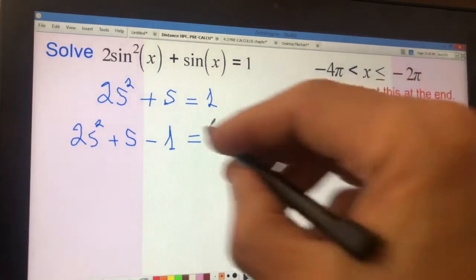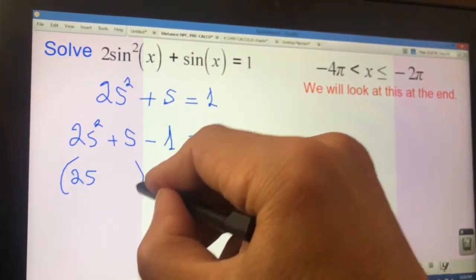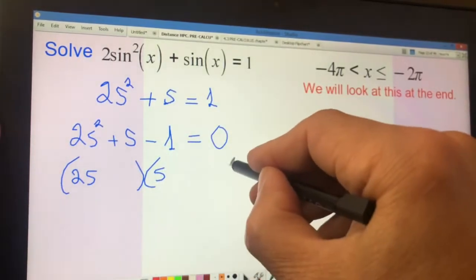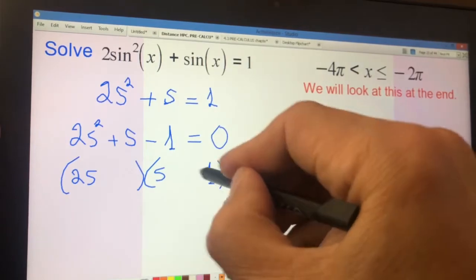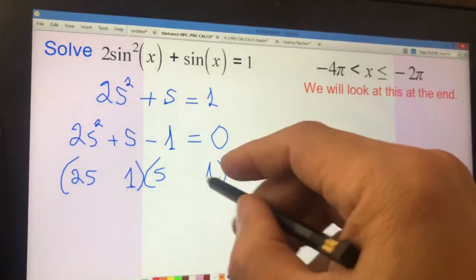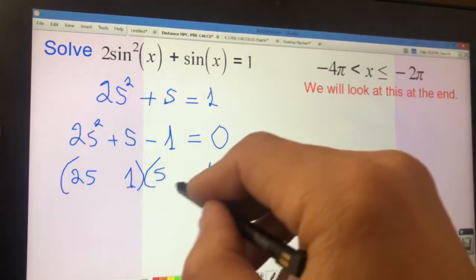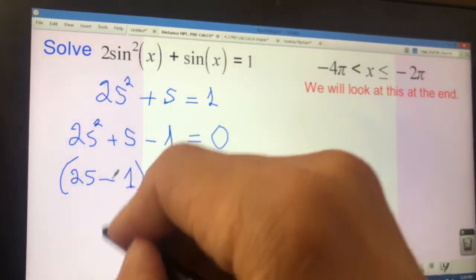Hope we can. So 2s and s is 2s squared. In the back, only one pair of factors, 1 times 1 is 1. You want a negative, so one part has to be negative. I'm going to say this one should be positive and this one is negative.